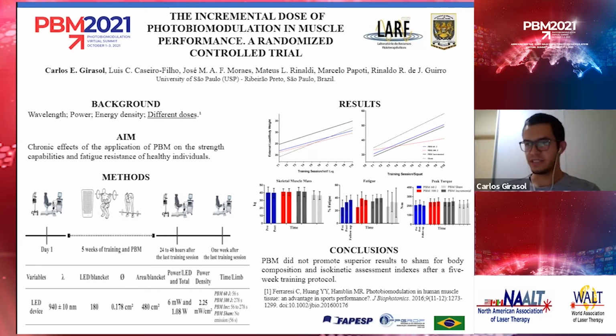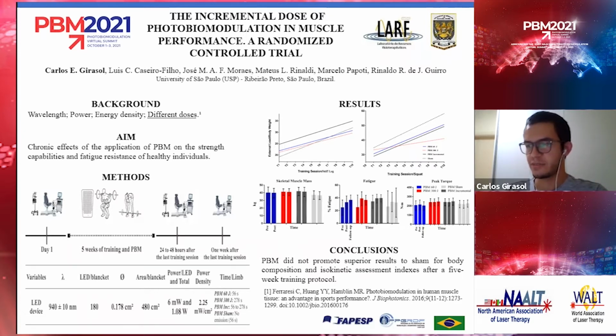For that, we used a method with three evaluation times, composed of bioimpedance for body composition and dynamic isokinetic testing. The volunteers were exposed to 5 weeks of PBM training sessions. The protocol was composed of the squat and the stiff-leg exercise with previously applied photobiomodulation.